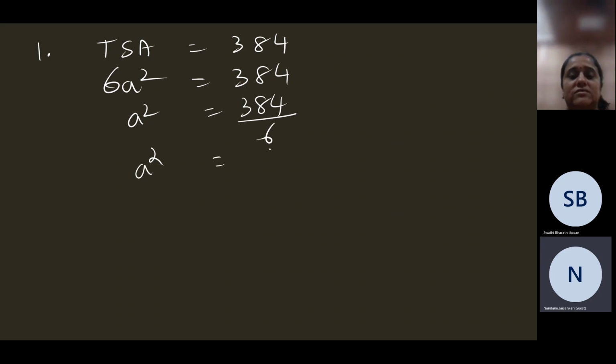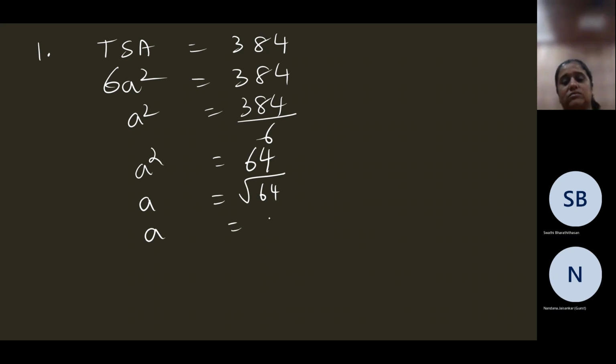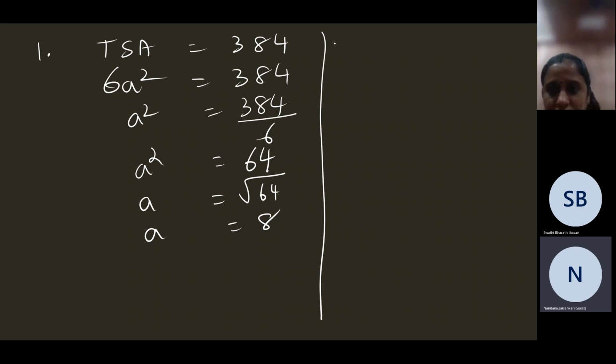What is 384 by 6? 64, ma'am. So a is equal to the square root of 64, which is 8. Then we should find the volume of the cube.